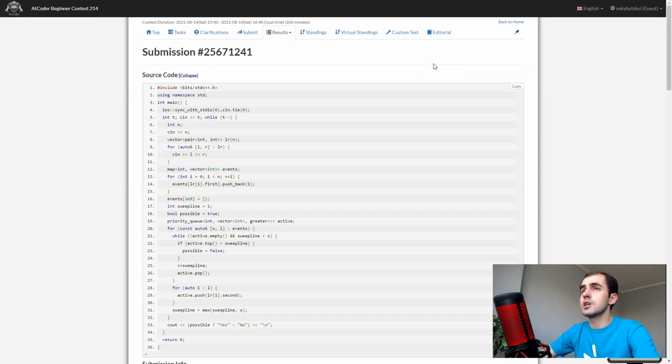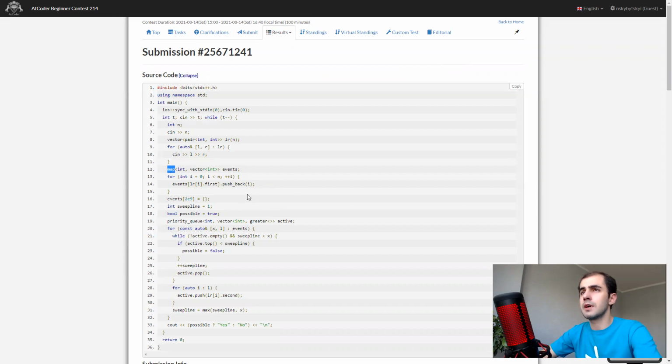It's quite short. Obviously we have to read some input. That's not very interesting. And I do create a map of events. Now, because it's a map, it's going to be sorted by default, but sometimes it's better to create a vector and then sort manually.